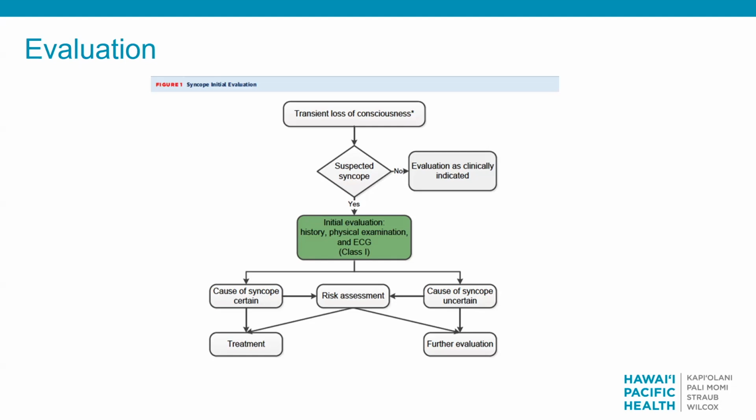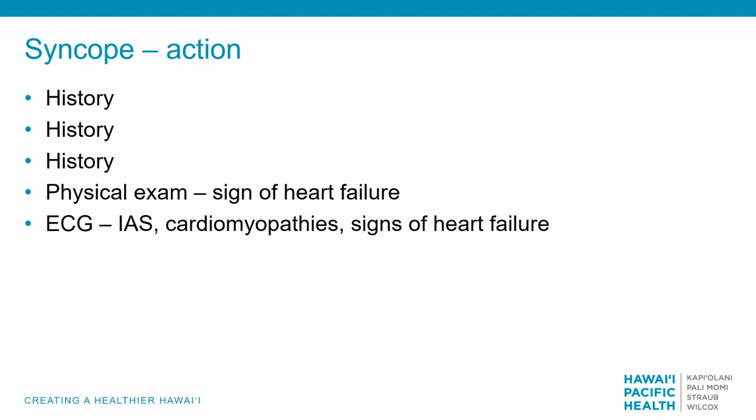That's why, again, your most important weapon in sorting out the etiology of syncope is detailed history taking. Then in the case when you have a syncope that you suspect a cardiac origin, EKG is your best bet. So again, EKG is the most important test in there. So again, what do you need to do for syncope? Very detailed history taking. You can have a physical exam because if you have a heart murmur, that may point towards a cardiac origin.